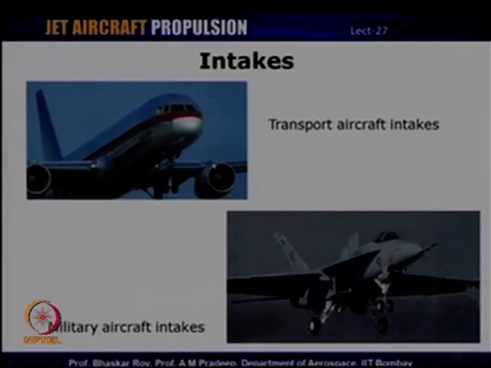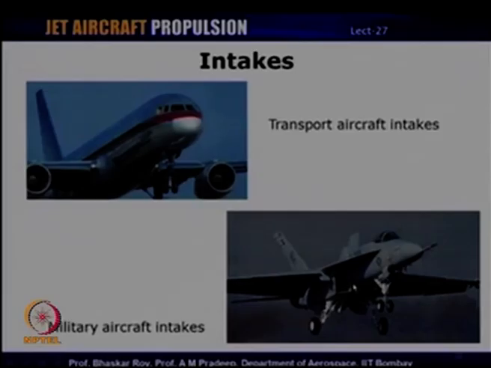And what you see here is the lip of the intake, which is a very thick leading edge, and the entire engine is housed within what is known as the nacelle of the engine. The core engine is mounted within the nacelle, and the intake forms the initial part of the nacelle itself. So, this is the intake of a civil or transport aircraft.